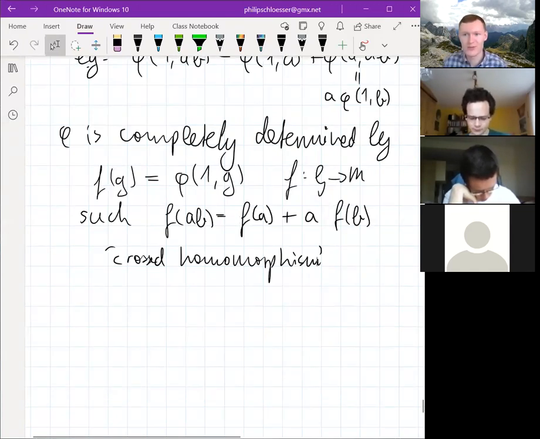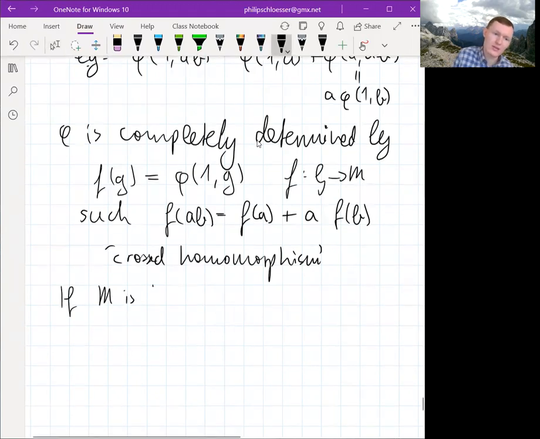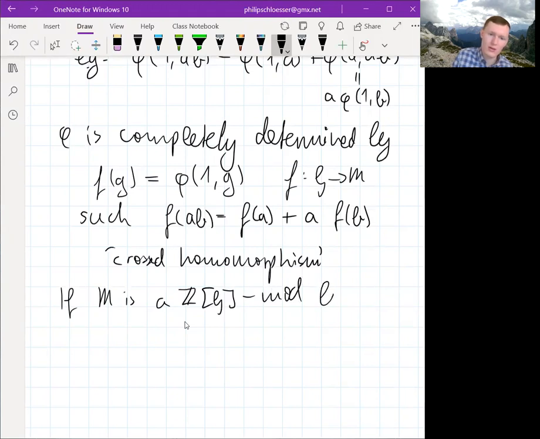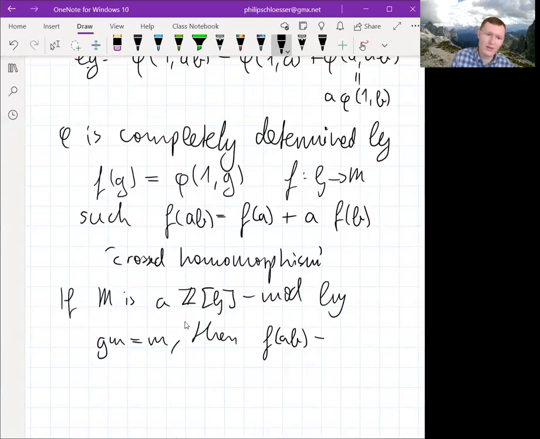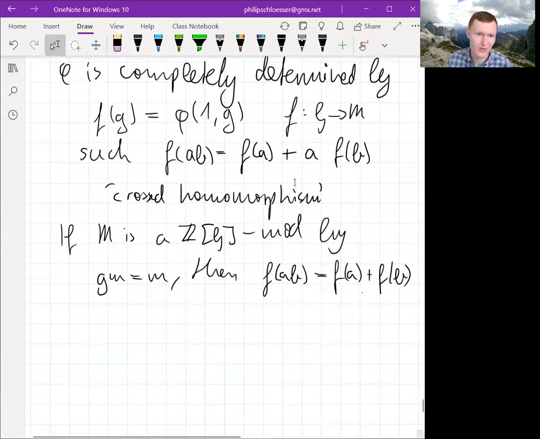We can turn them into actual group homomorphisms by saying that the group action should just be trivial, if M is a G module with GM equal to M. Then this just reads f of AB is equal to f of A plus f of B. We're working in a generically non-abelian group and in an abelian group, so we're using different symbols for the group operation, but yeah, it's a group homomorphism.